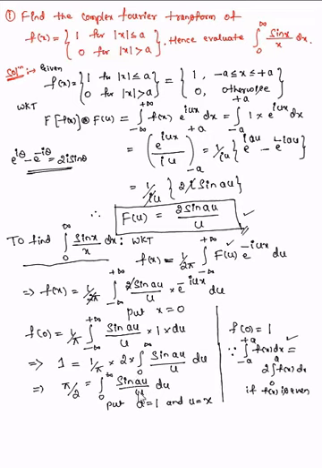So the integration becomes integral from 0 to infinity of sin x divided by x into dx, which is equal to pi divided by 2. This is the value of this integral.